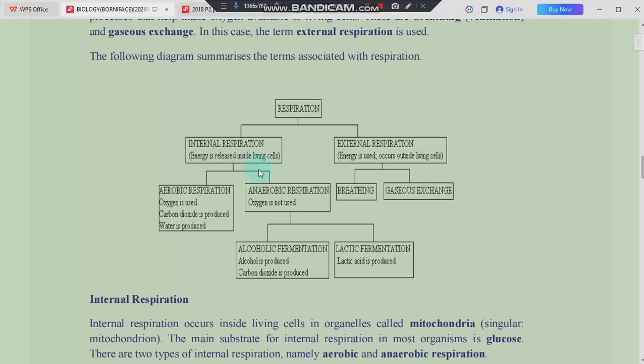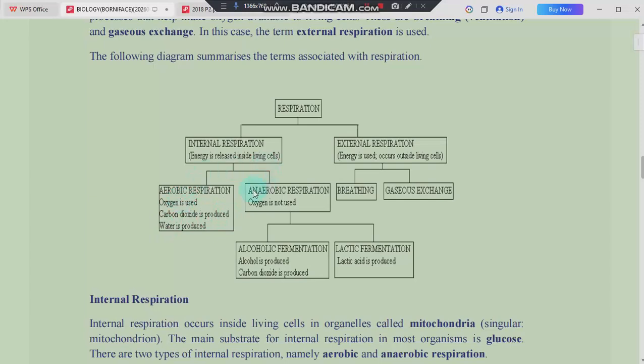The two types of internal respiration or cellular respiration are aerobic respiration and anaerobic respiration. In aerobic respiration, oxygen is used, carbon dioxide is produced, and water is also produced.